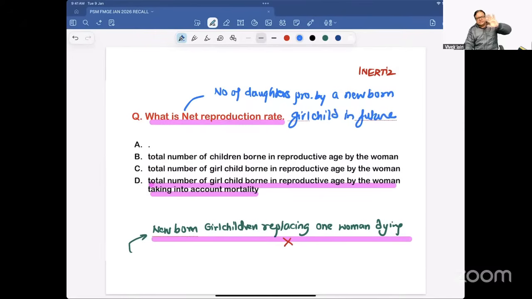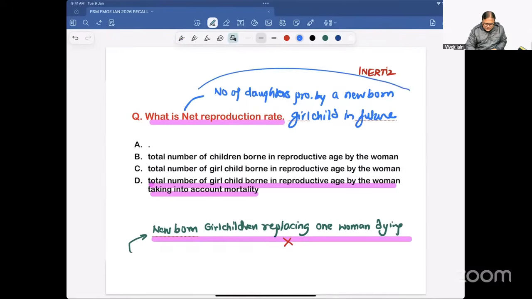So what does it mean? See, there are different ways of saying the same thing. If a girl child is born today, in her life, how many girl children will she produce minus the deaths? If a girl or woman is dying today, she is replaced by how many living girl children? Okay. So the answer has to be related to this.